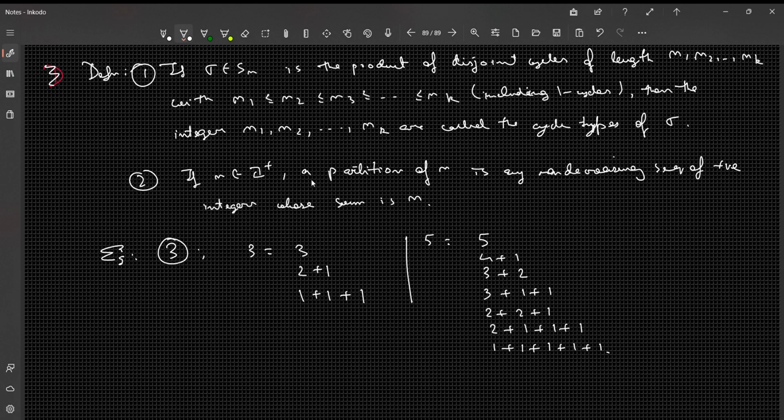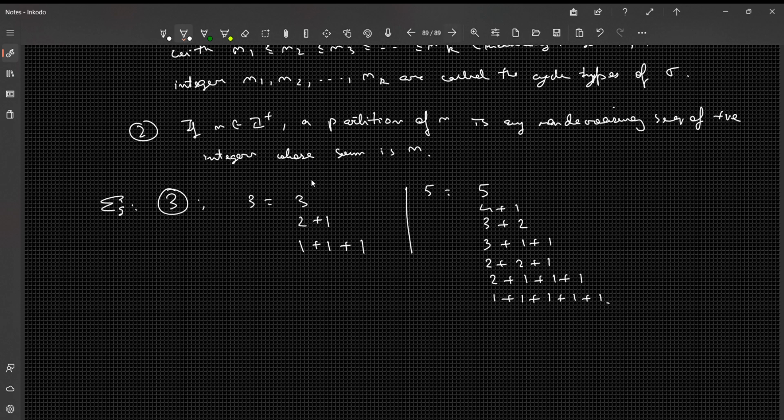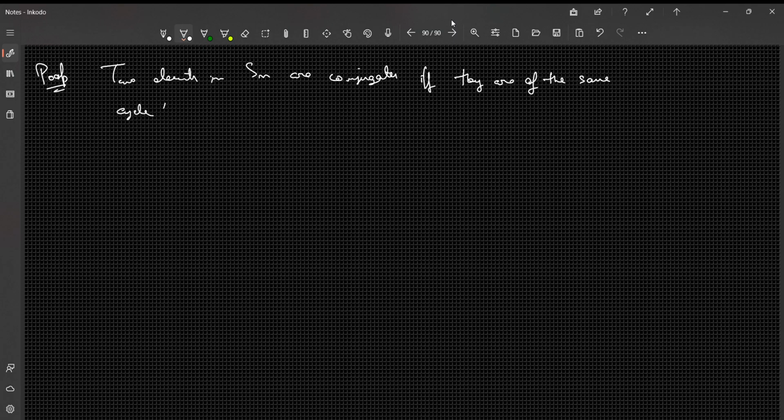Okay. So this leads us to the next important proposition. The proposition is as follows. If you have two elements in Sn, then the elements are conjugates if and only if they are of the same cycle type.